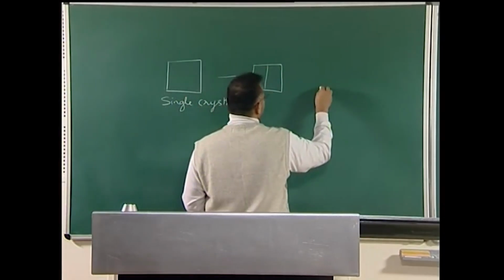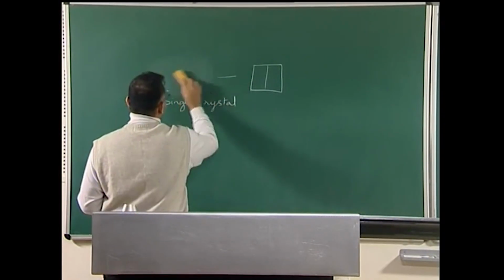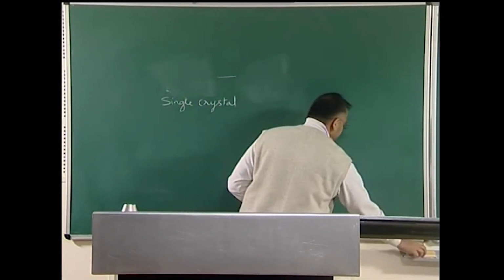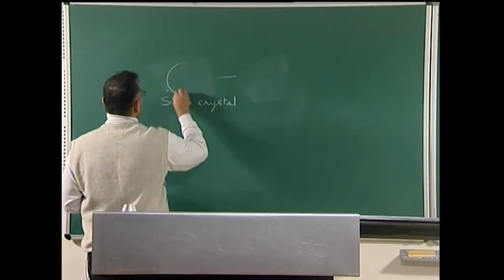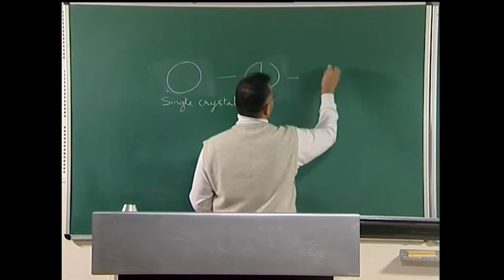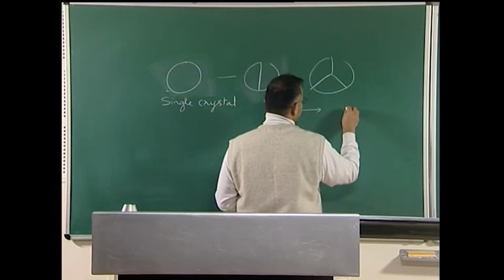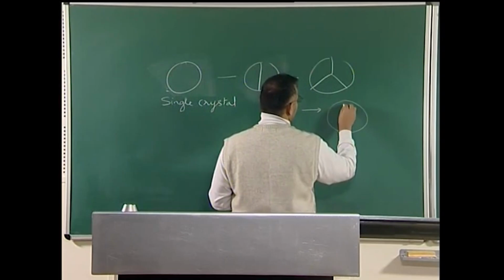Then I can think of dividing this. Of course, it is easier to start with, for instance, a spherical particle to see the effect. So, let me do that. Let me start with a single grain particle, and then I will divide it into 2 grains, then I can divide it into 3 grains, and of course, I could keep on doing the subdivision, in which I will get a particle in which there are very small grain sized material.